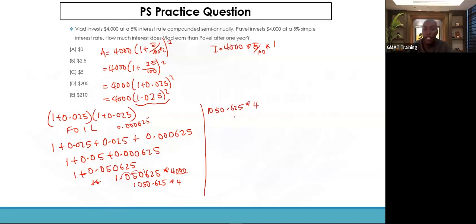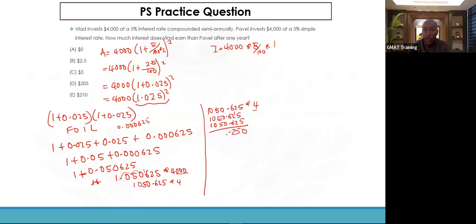Let's double and halve these expressions. Halve this and double, so after doubling, we have 1050.625 plus 1050.625.